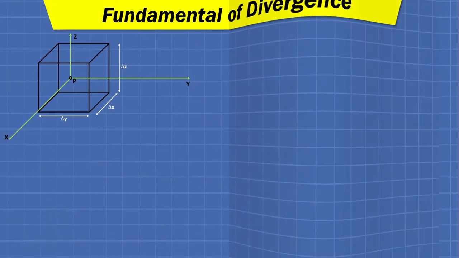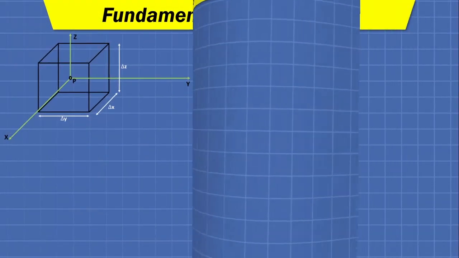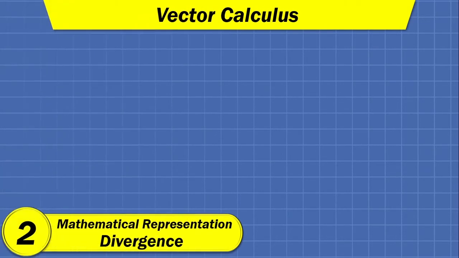So by applying Gauss's law on differential volume element, what result did we get?